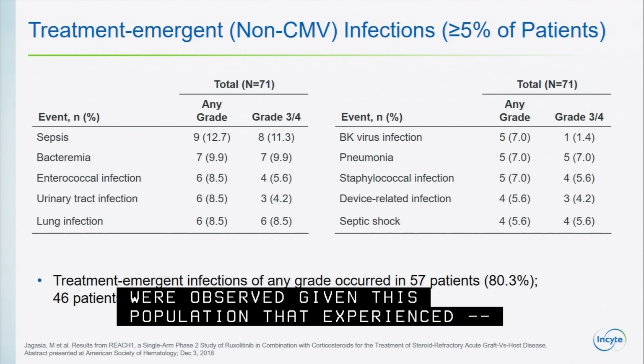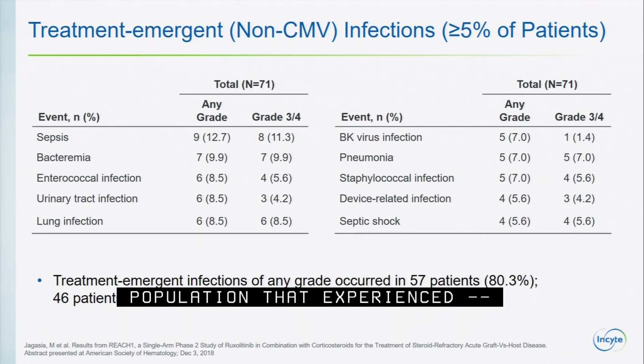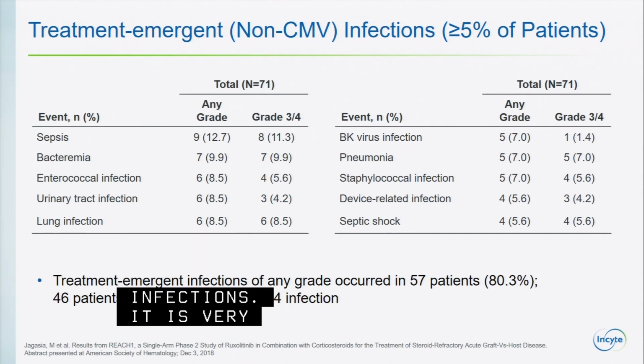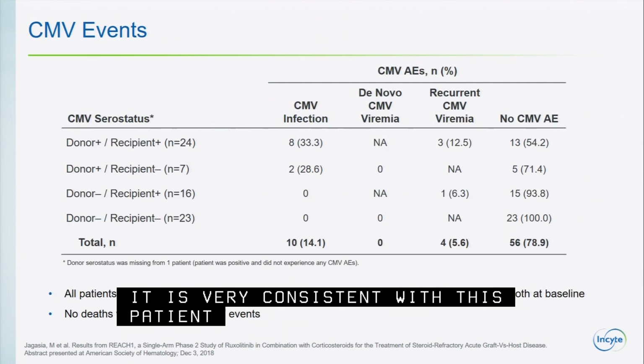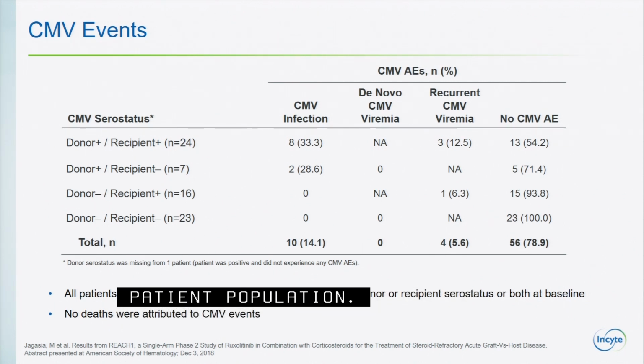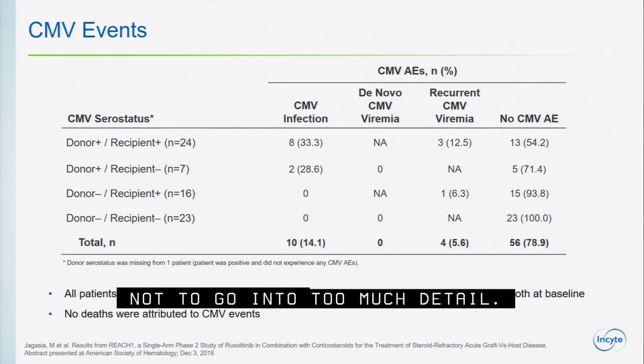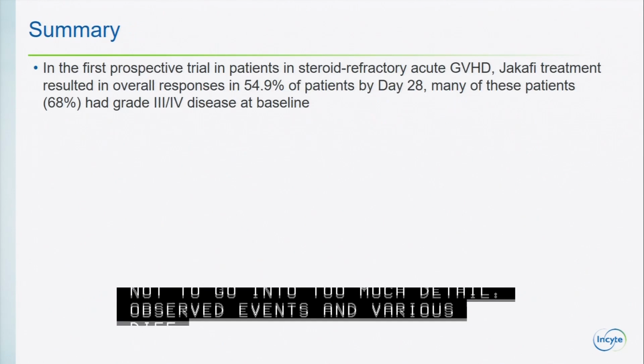So these are various different infections, and again, it's very consistent with this patient population, and no additional safety concerns were observed for ruxolitinib. CMV events, similar story, not to go into too much detail, but relatively low observed events, and various different definitions of CMV positive, going all the way from infection to viremia.